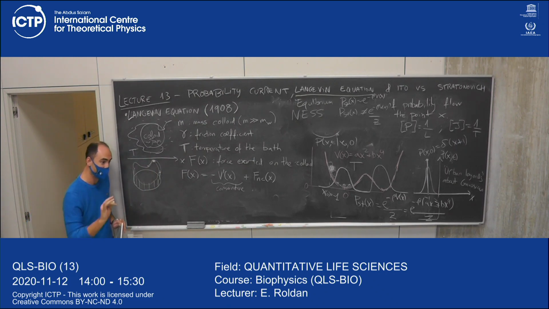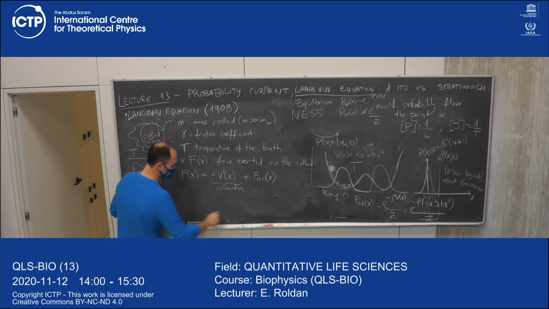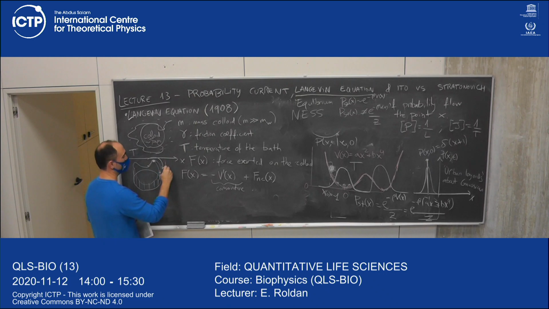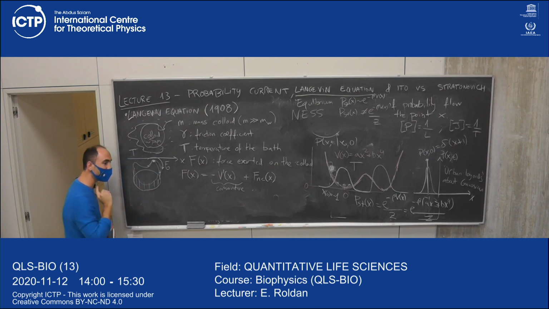The roller coaster is fixed. But then on top of the roller coaster, there is a torque. So there is someone who is imposing a net velocity. So there is a force like this, let me call it F0. And then on top of that, there is this roller coaster potential.